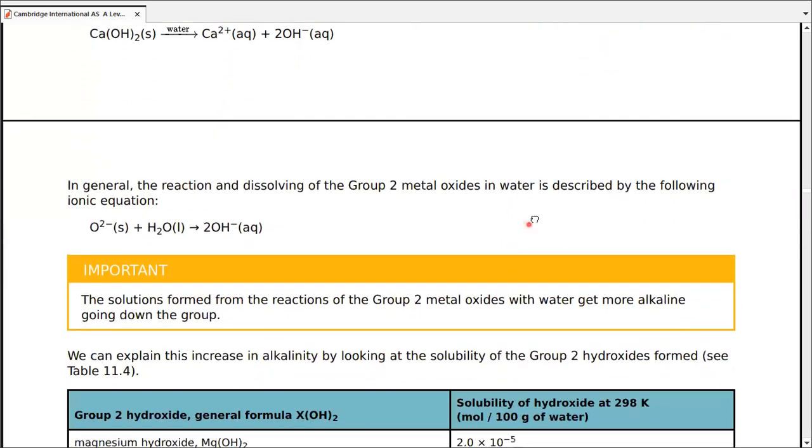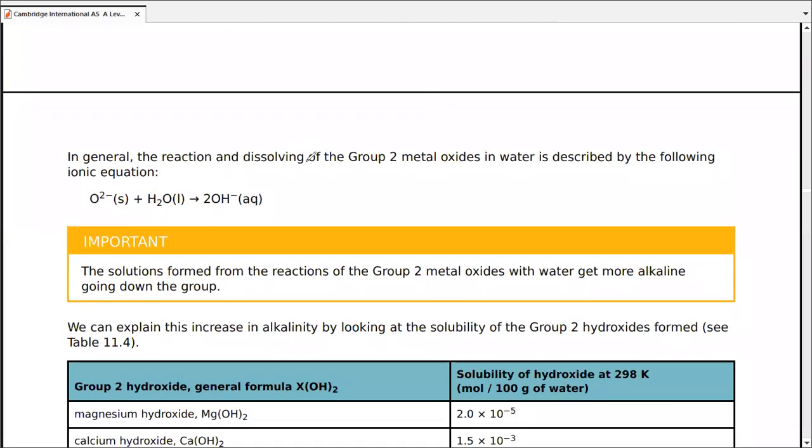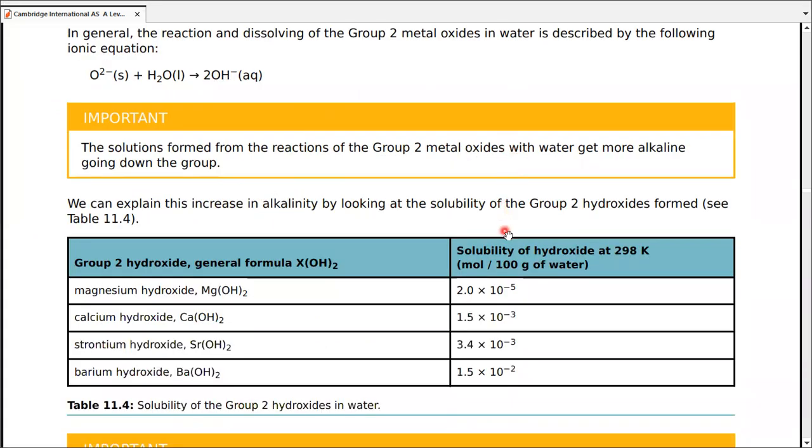In general, this is the reaction in which group 2 oxides are converted into hydroxides. And that's how they turn up alkaline and give us a pH higher than 7. So the solution formed from the reaction of group 2 metal oxides with water gets more alkaline down the group.